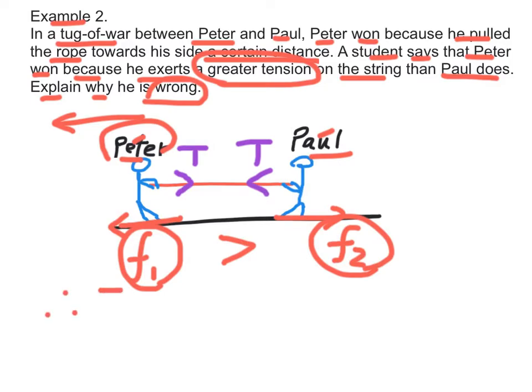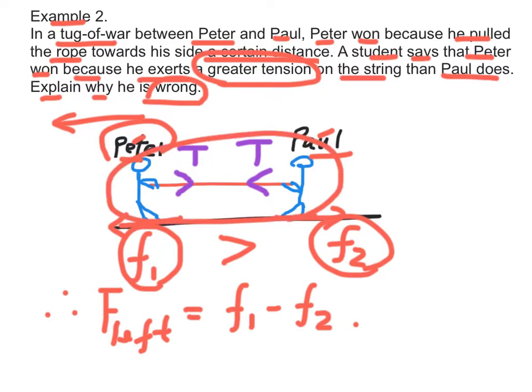Therefore, we have a resultant force towards the left, which is equal to F1 minus F2. Hence, the whole system moves to the left.